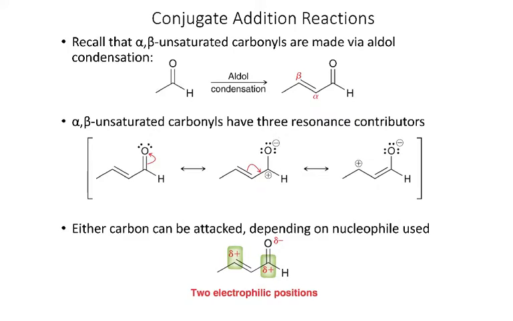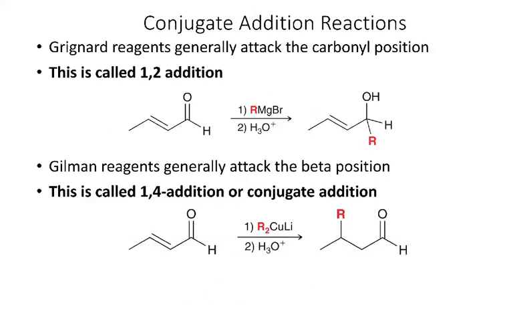Which one is going to be attacked depends on the strength of the nucleophile. The stronger the nucleophile, the more reactive the nucleophile, the more likely we are to attack the carbonyl position. The weaker the nucleophile, the more likely we are to attack the beta position. If we compare Grignard reagents to Gilman reagents, we know that the Grignards are stronger nucleophiles.